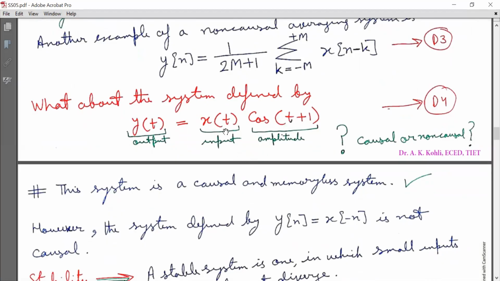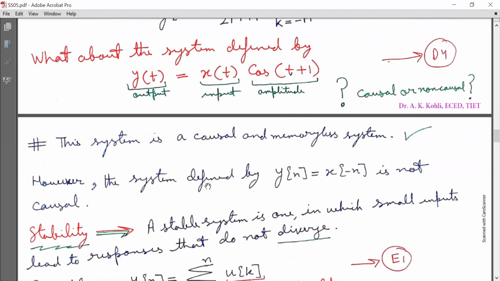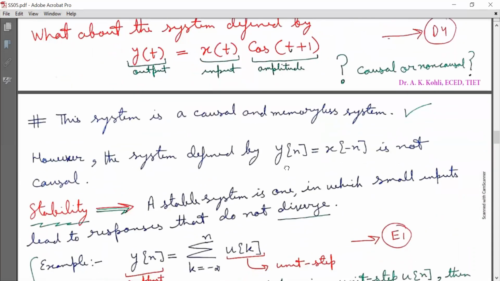The output depends upon the present value of input. However, the system defined by y[n] is equal to x[-n] is not causal because this x[-n] is indicating a future value of input. The output y[n] is equal to a future value of input x[-n].